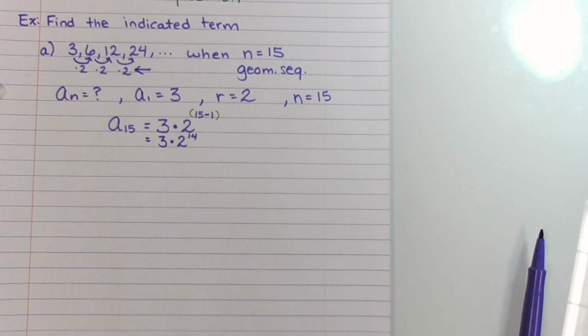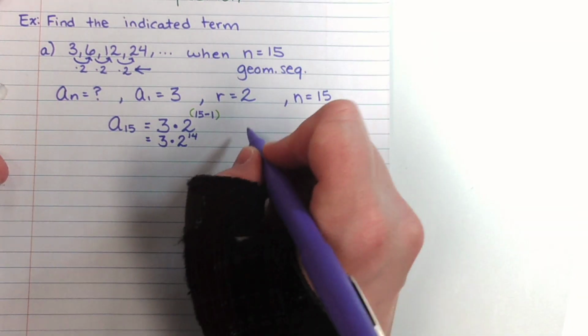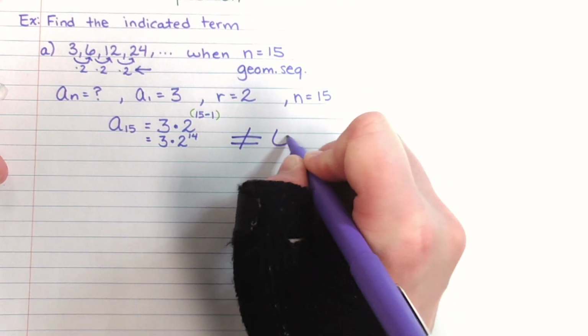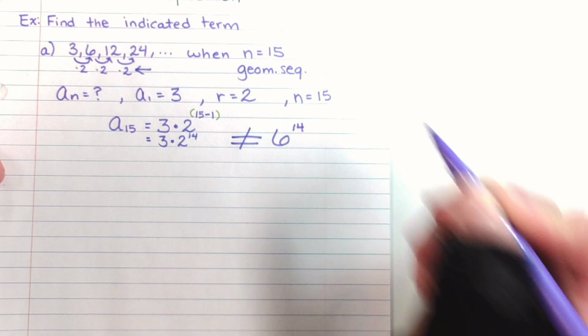The second thing that I see people do in order to shorten typing it into their calculator is they do the 3 times the 2. Again, PEMDAS. Do you multiply or do exponents first? Exponents. You need to do the exponent first. So do not multiply 3 times 2. This is absolutely not equal to 6 to the power of 14.